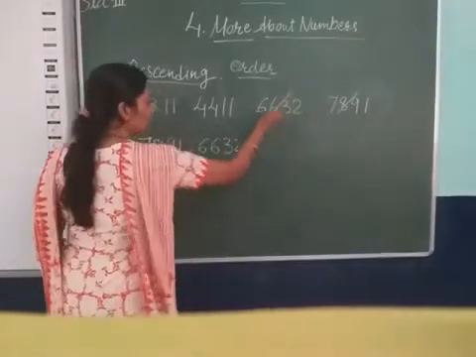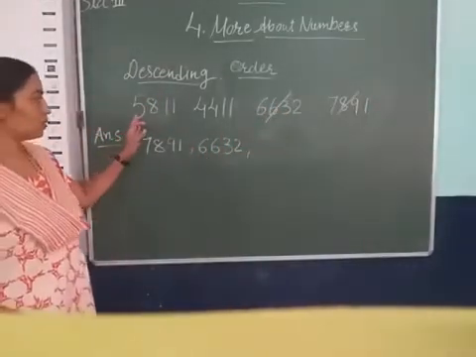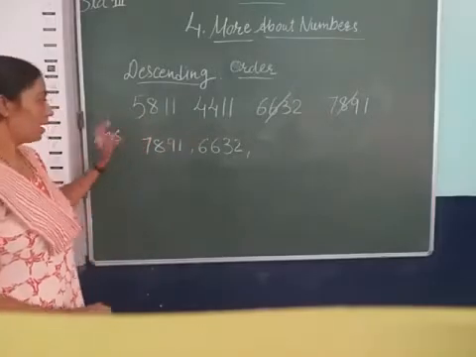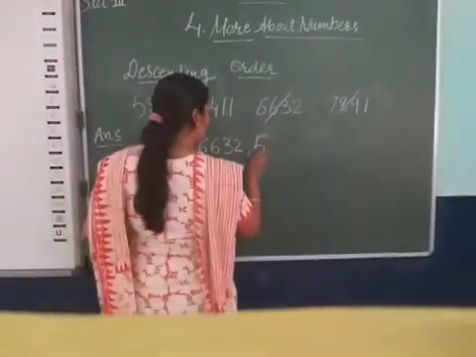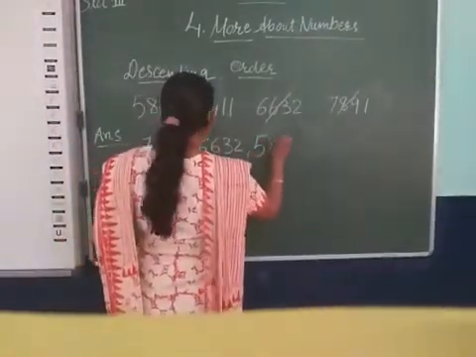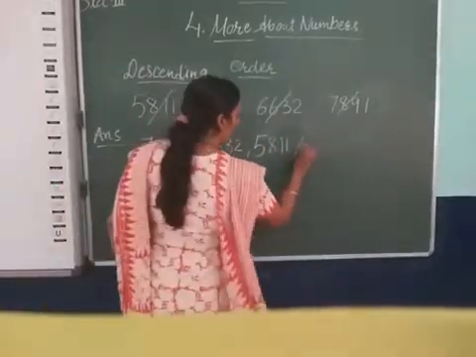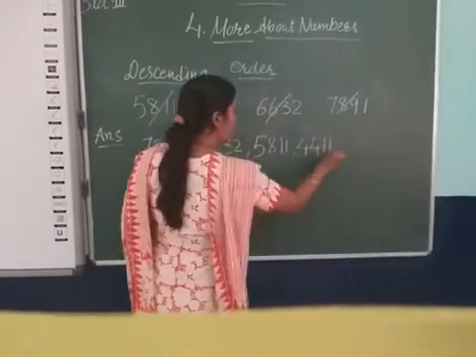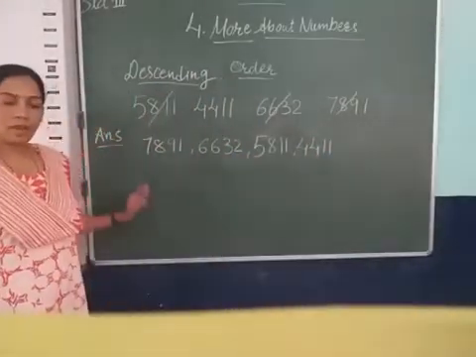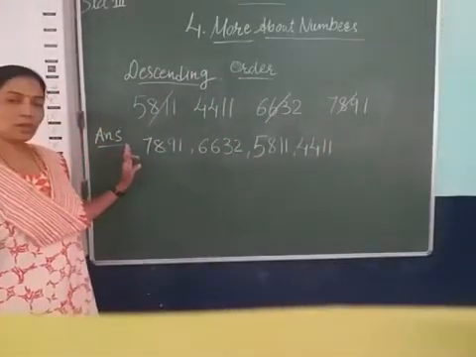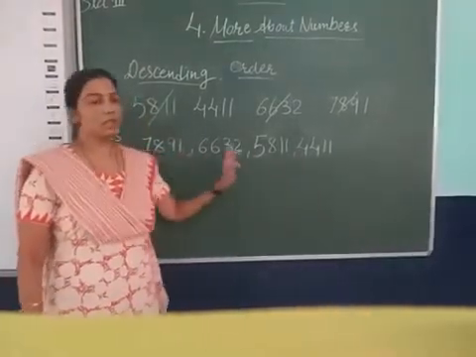Put a comma. Now compare this 5 and 4. 5 is greater, so we write first 5, 8, 1, 1. And the last is 4, 4, 1, 1. This way we arrange the numbers from greater to smaller, that is descending order.